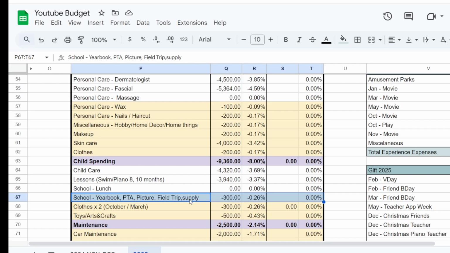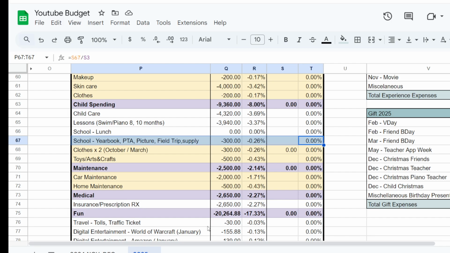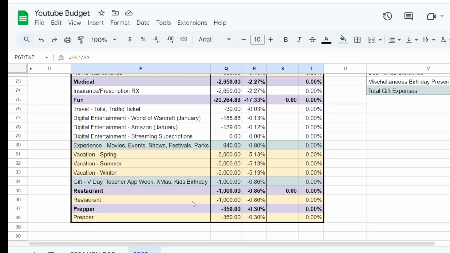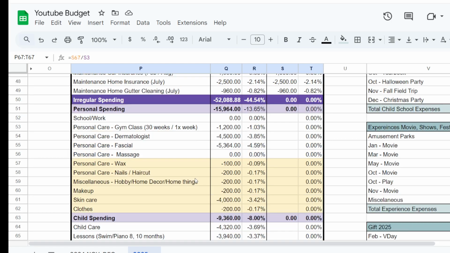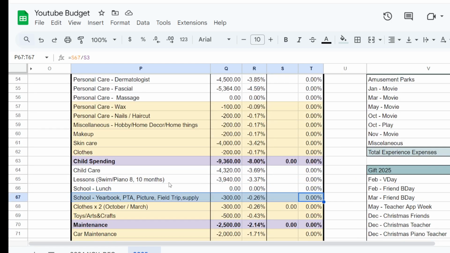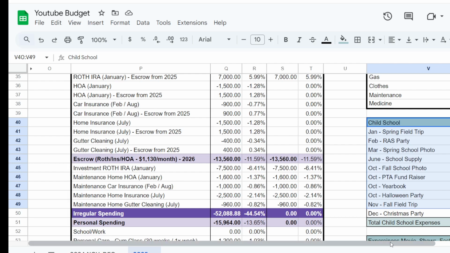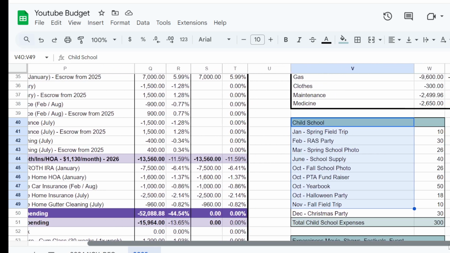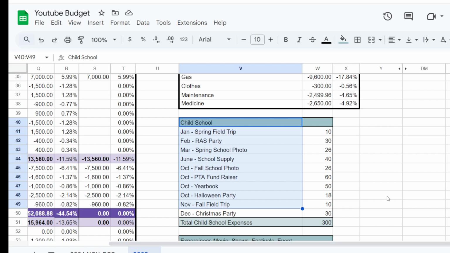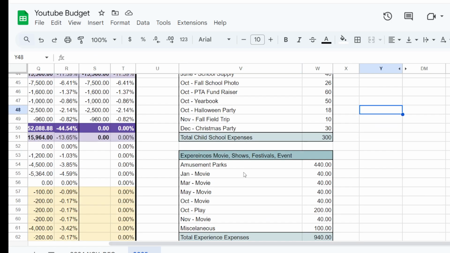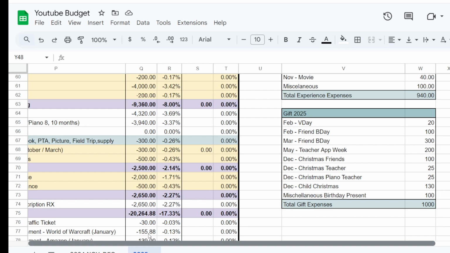So if I want to do any planned activities outside of what I planned, then I need to relook at my whole budget again. So all these green ones, I created these tables here to go over what are my actual planned expenses, so I don't go over budget.